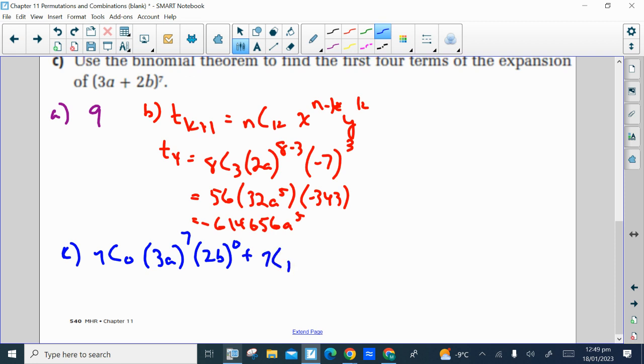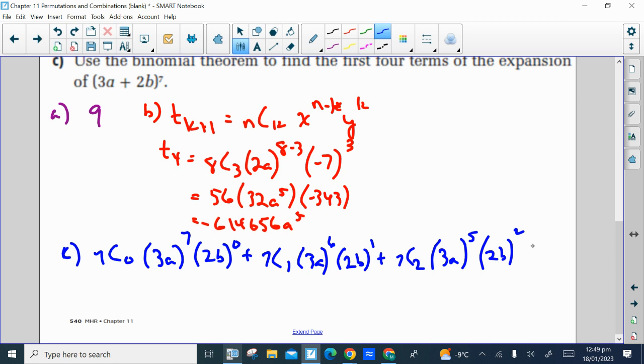The second term will be when k is 1. So the power on 3a decreases by 1. The power on 2b increases by 1. The next term will be 7c2. The power on 3a decreases by 1. The power on 2b increases by 1.